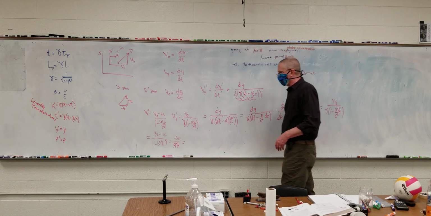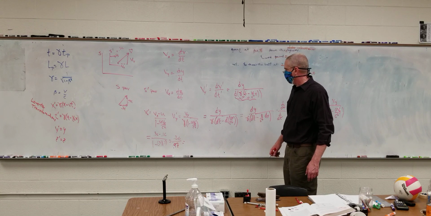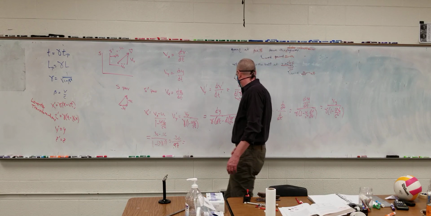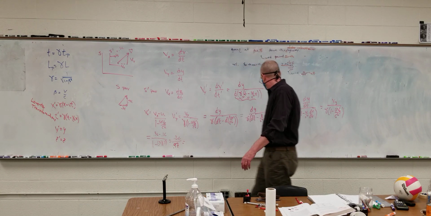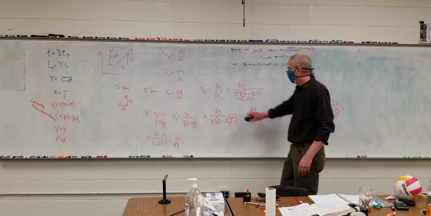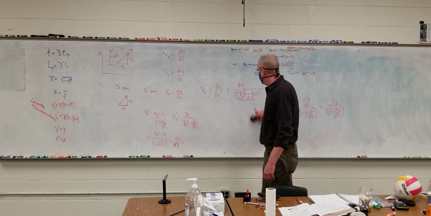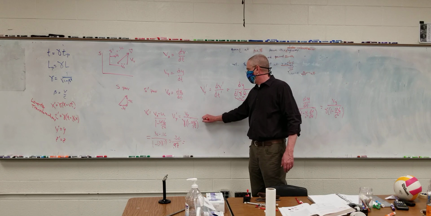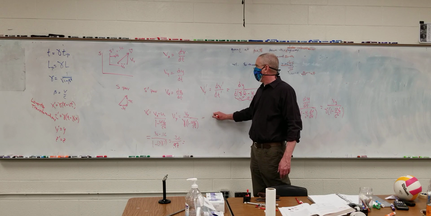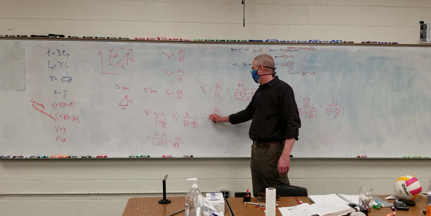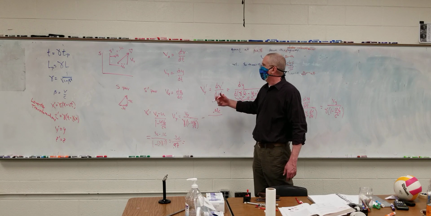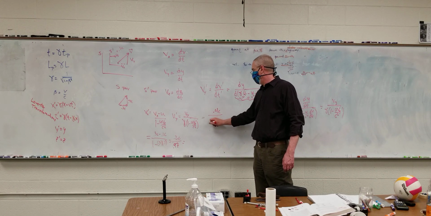I made the speeds too small for anything dramatic here. And this would be Vy, which is 0.4c, divided by gamma, which is going to be somewhere close to 1.